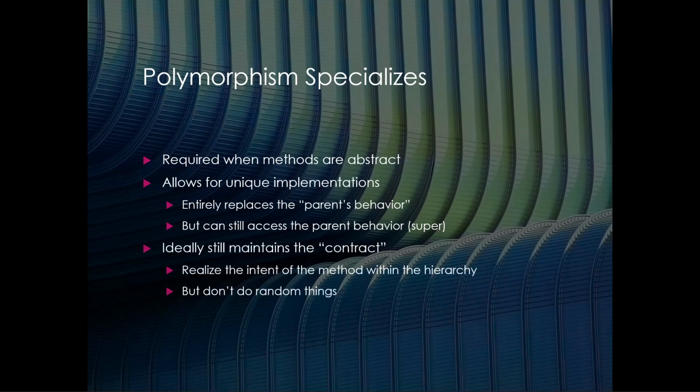So ideally, the child class does not change the contract. So when I call eat on an animal, it doesn't poop. Now that's a different call. Every animal poops, it poops its own way. But it still does something that resembles eating, adding nutrients inside of that. It's not a requirement, but it makes life easier that everything follows the same intent. It's not like, okay, well, if I call eat on elephants, they also poop at the same time.